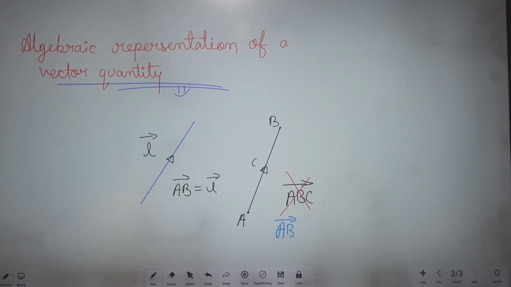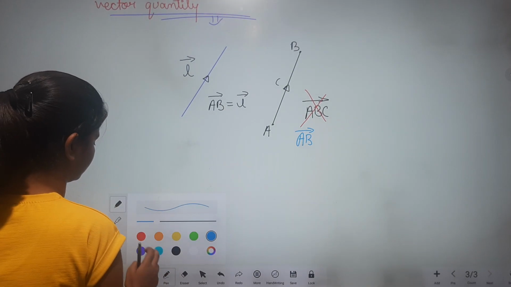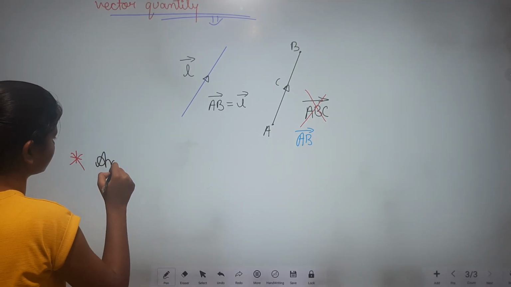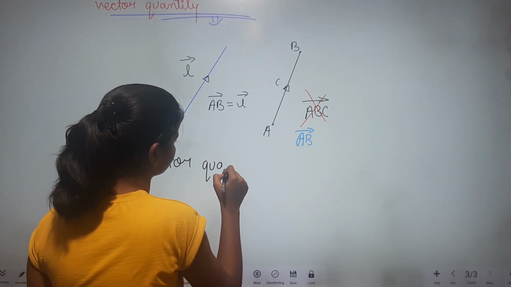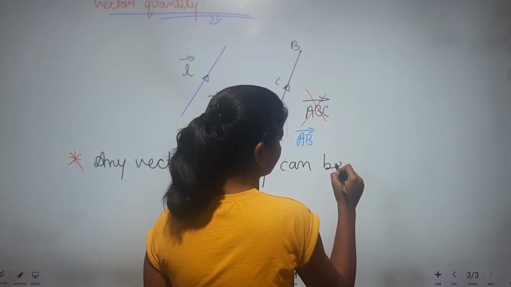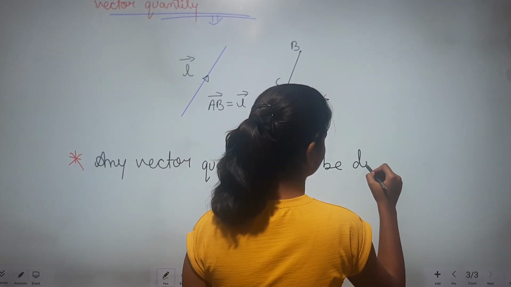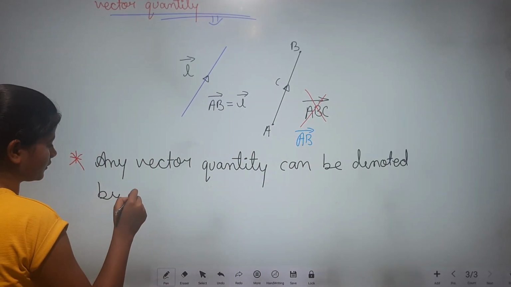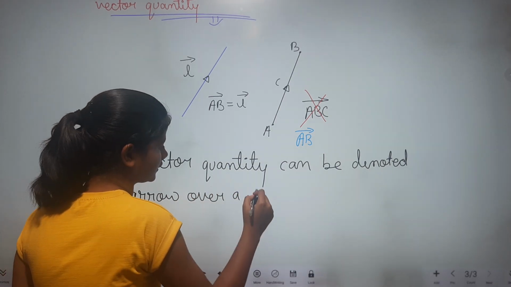Any vector quantity can be denoted by an arrow over a letter. Okay. Any vector quantity can be denoted by an arrow over a letter.